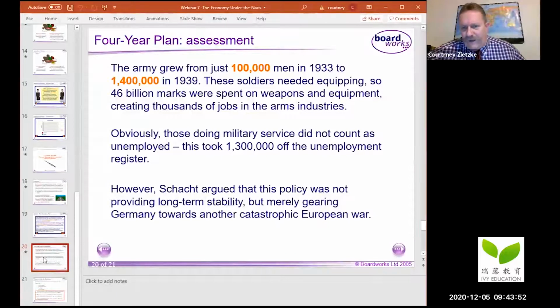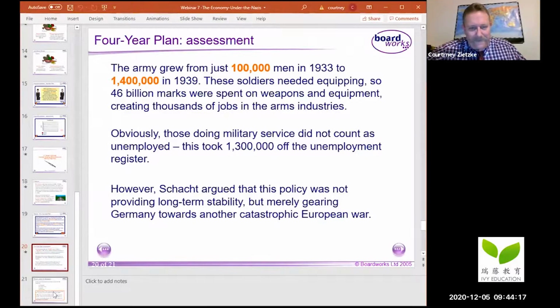Schacht argued that this policy was not providing long-term stability, but merely gearing the country of Germany for a catastrophic European war. Well, how about that? We have a military leader now starting to question, what are we doing? Well, it became pretty clear what Hitler was doing.